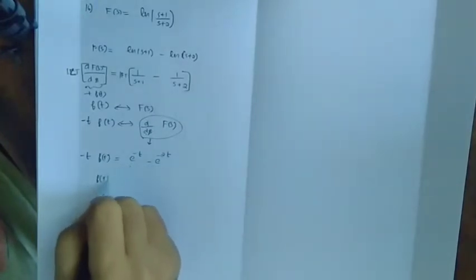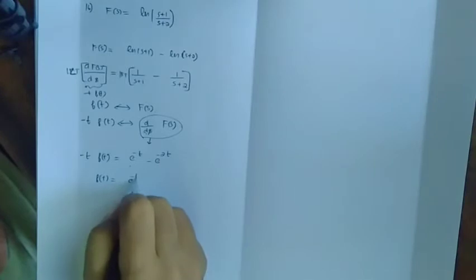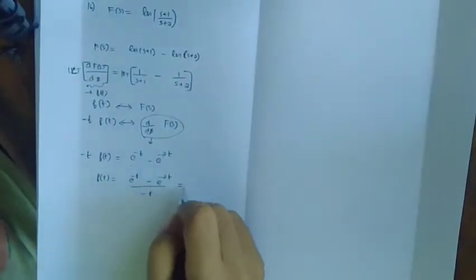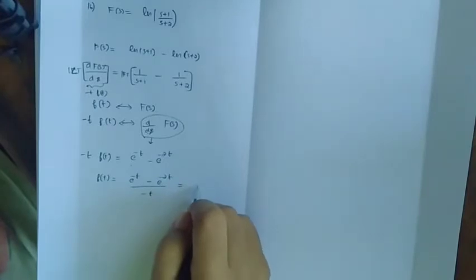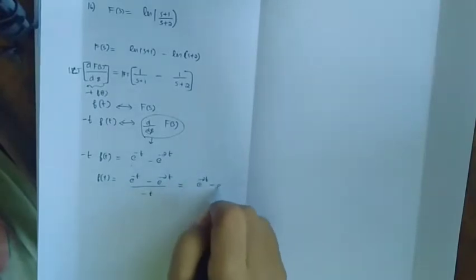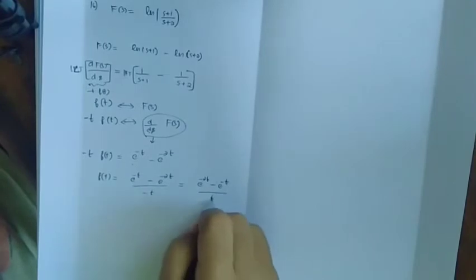So f of t equals e raised to minus t minus e raised to minus 2t divided by minus t, which rearranging gives e raised to minus 2t minus e raised to minus t divided by t.